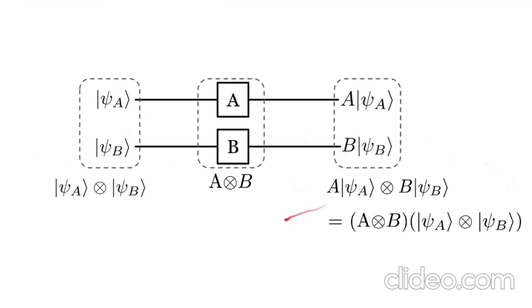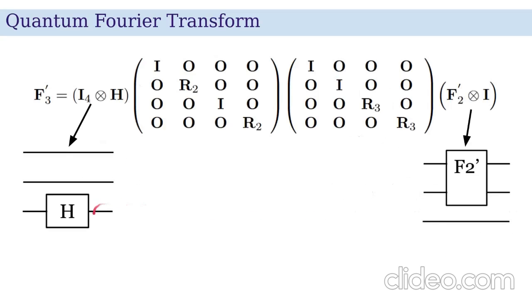Tensor products sound a bit complicated, but they have a very simple quantum circuit implementation. Two separate operations done on separate qubits can be written as a single operation equal to the tensor product of the individual operations done on the tensor product of the qubits. Thus, we get simple circuits for the two tensor products present here.